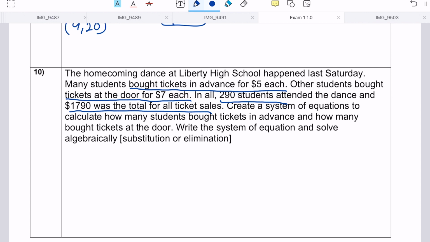Write the system of equations and solve algebraically. Okay, so we are going to let X represent the students who bought in advance, let Y represent the students who bought at the door.